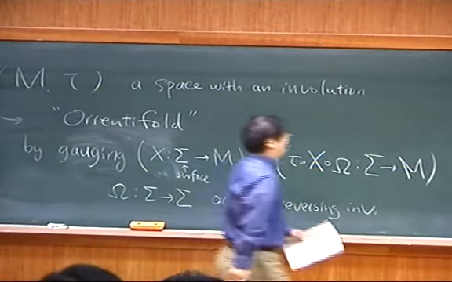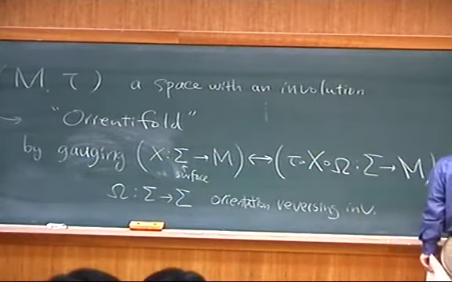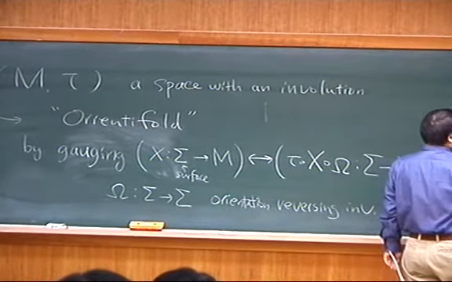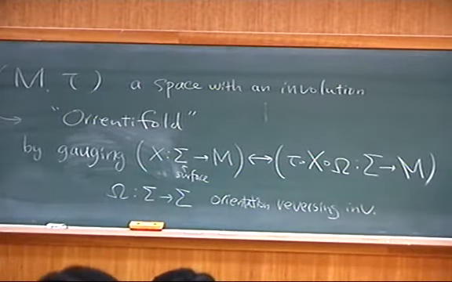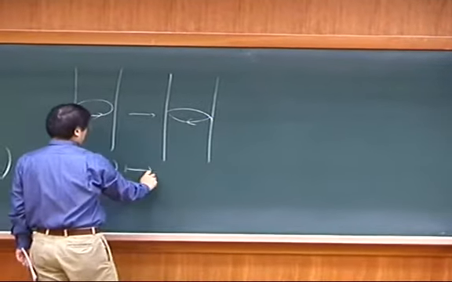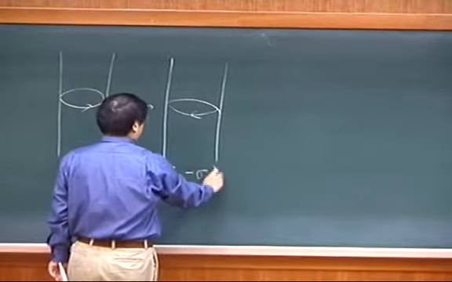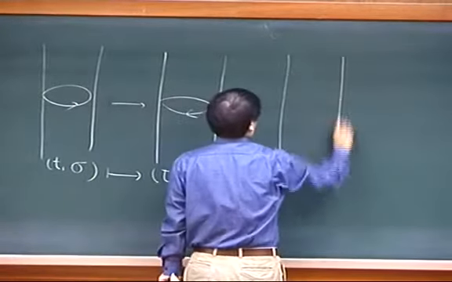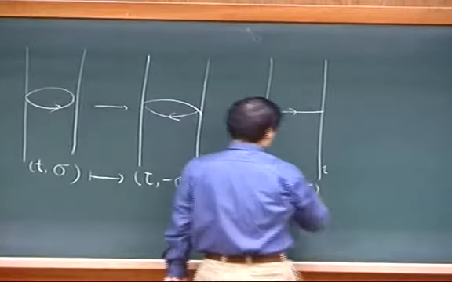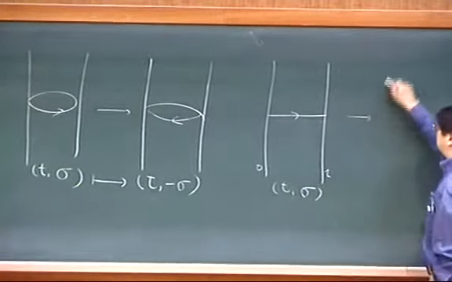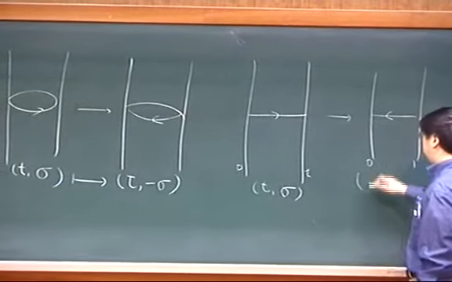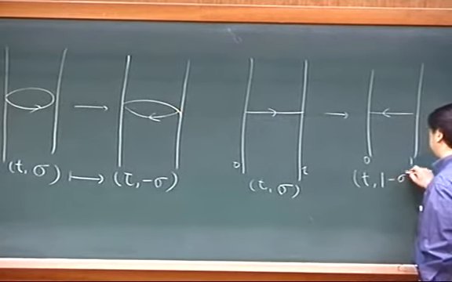For example, if you consider a closed string, say time t and space sigma, then the involution is like this. This is mapped to t and minus sigma. Or if you consider an open string, say time and space, sigma from 0 to 1 goes to 0 to 1 given by this map.